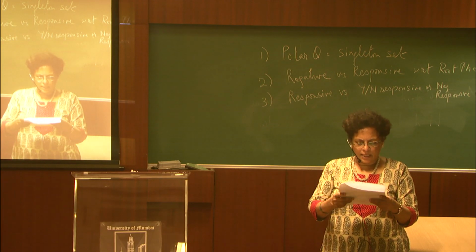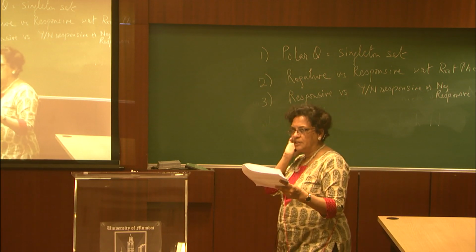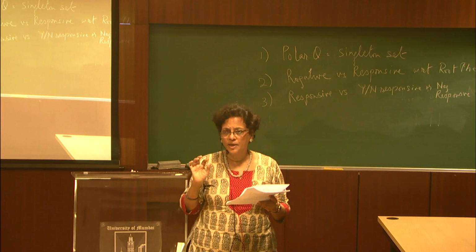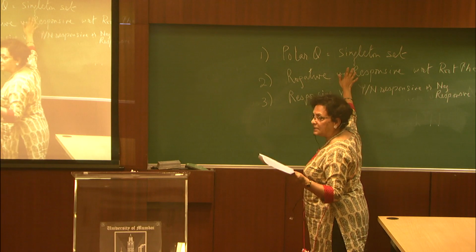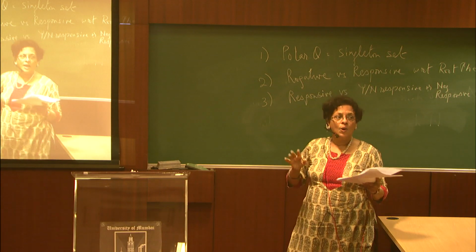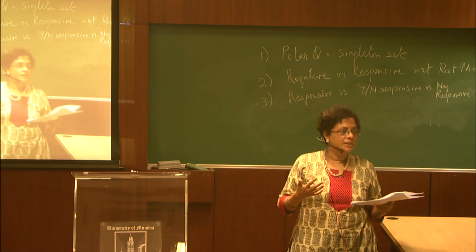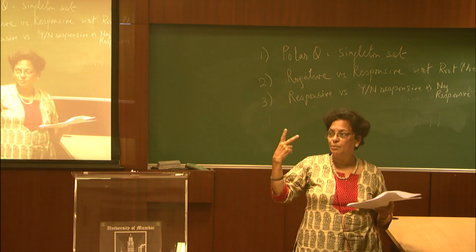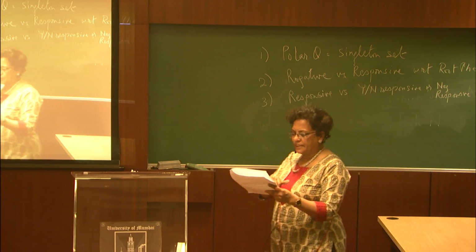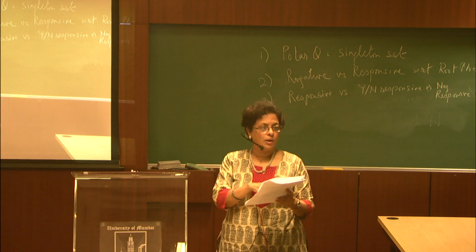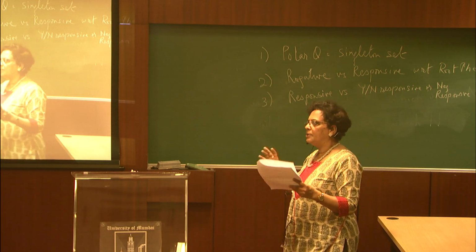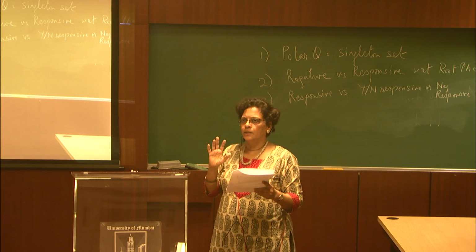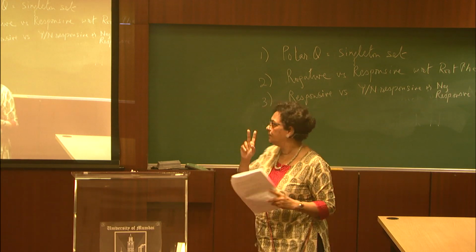And now this is the interesting one. This is the one that I'll discuss tomorrow, not today. So far I said polar questions we've discussed are the singleton set. Alternative questions are not singleton, right? You always have a multi-membered set. So there's so far a two-way distinction.